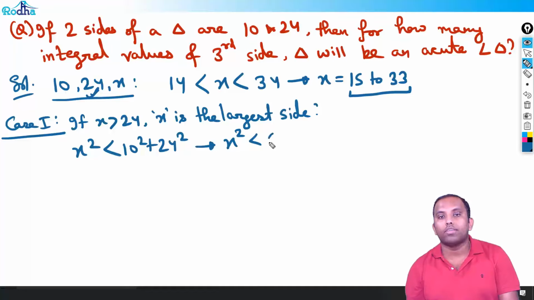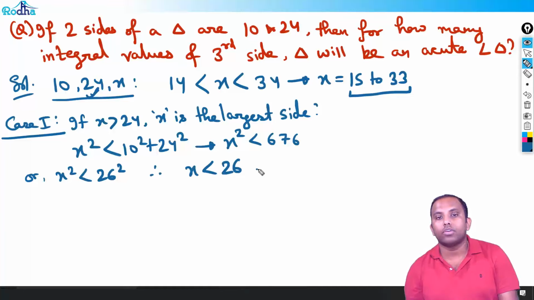So x square is less than 676, and 676 is 26 square. Therefore x is less than 26. The first condition I got: x is less than 26.